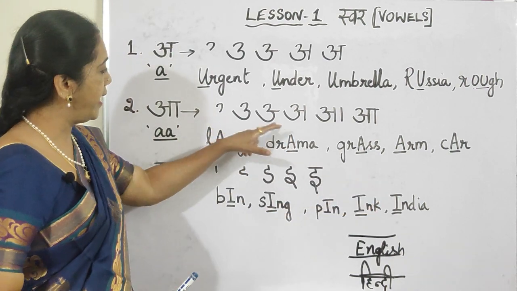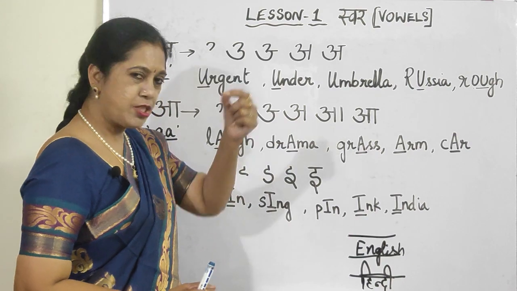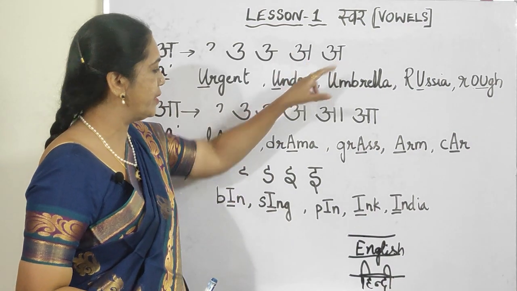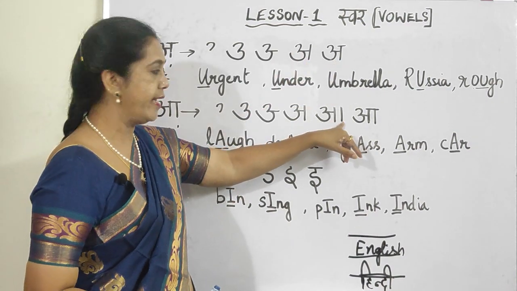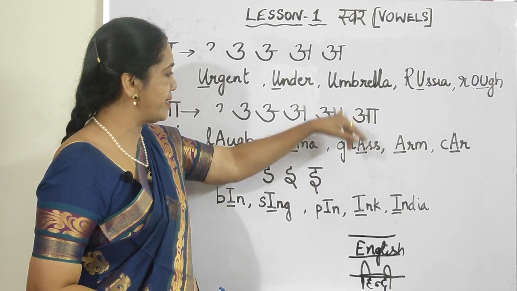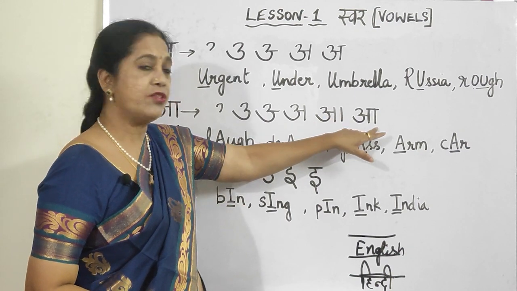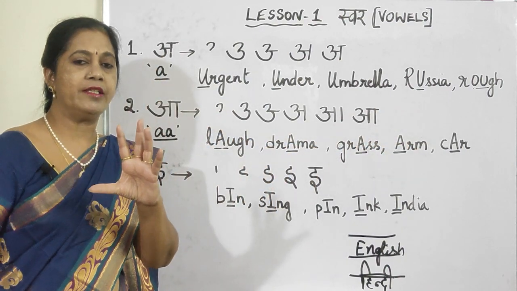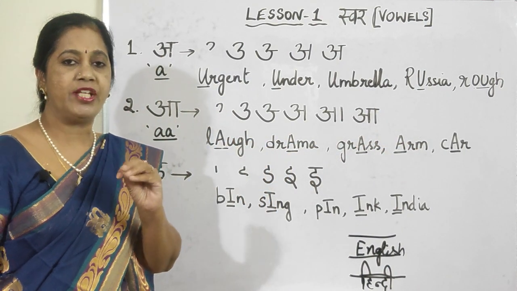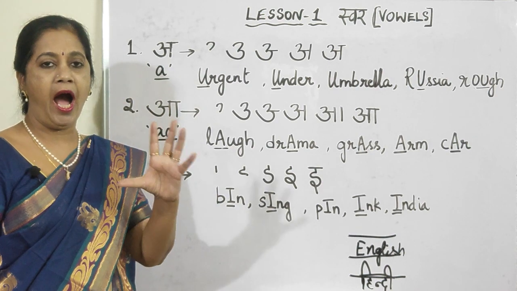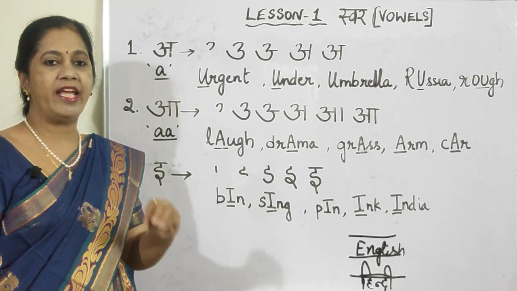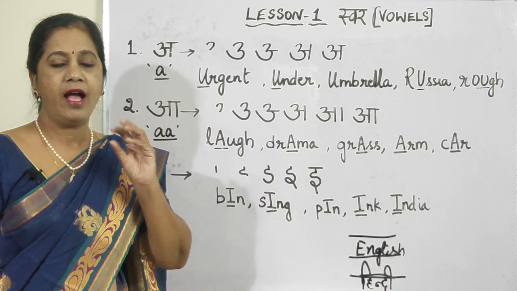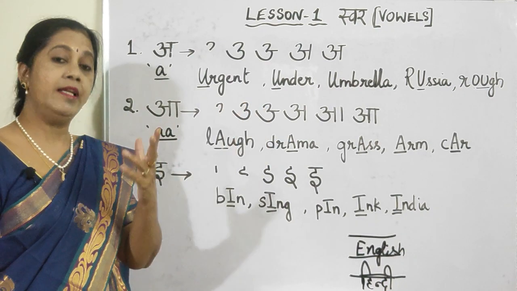See, I've written it the same way, but with a small difference. I stopped here, but I have added another vertical, standing line beside this. So when you teach your children the second one, teach them first to open their mouth, then they'll learn it well.